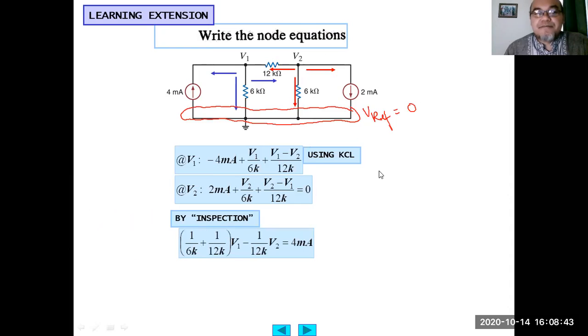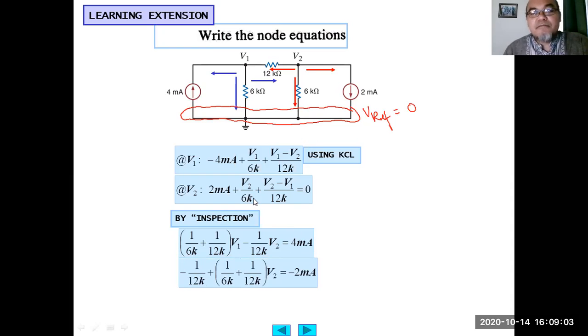Then we can regroup V1 with V1, V2 with V2. From here, V1 is regrouped: V1 multiplied by (1 over 6K plus 1 over 12K), minus V2 multiplied by 1 over 12K equals 4 milliampere. The minus 4 is moved to the right-hand side of the equation.